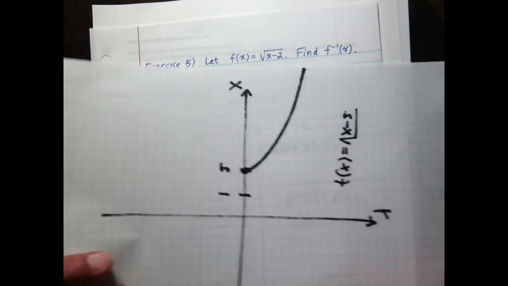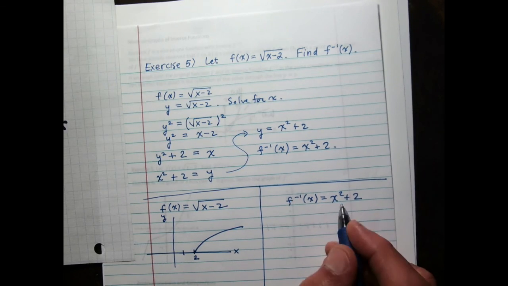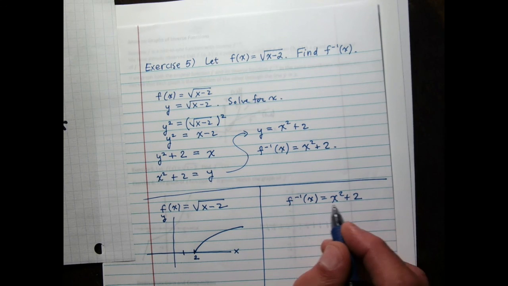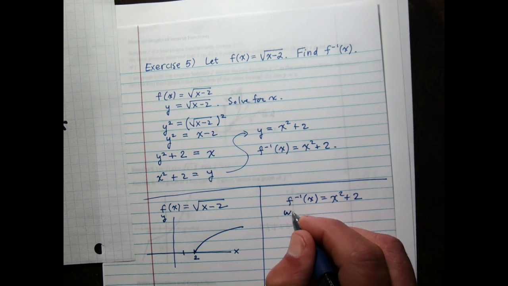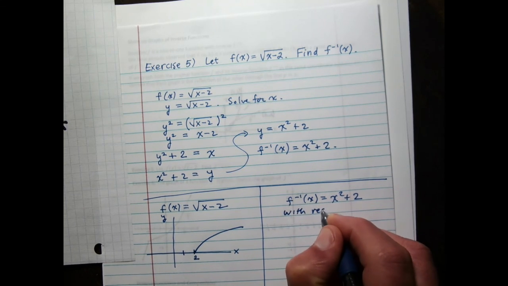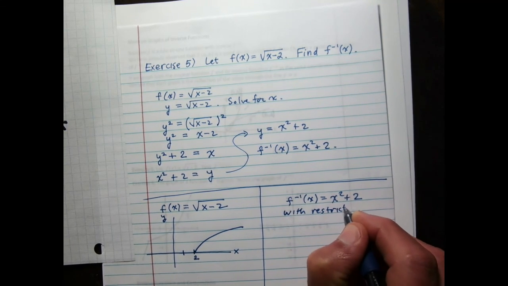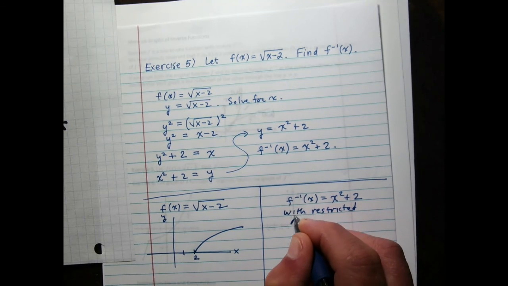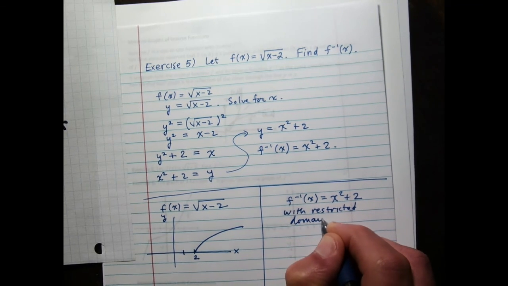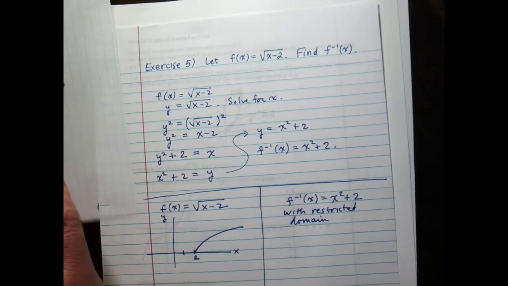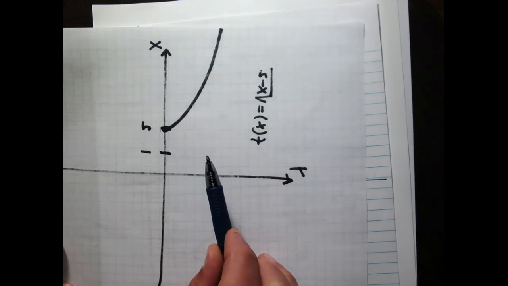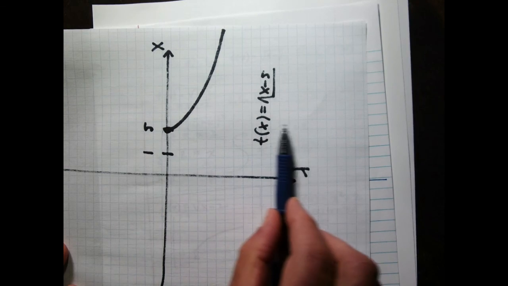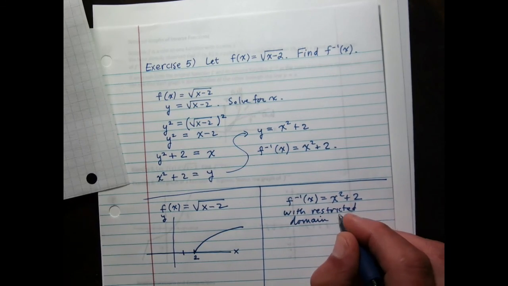So we didn't realize it, but the f inverse really needs to have a restricted domain. With restricted domain, let's see, the domain for this picture, this would be from 0 to infinity.